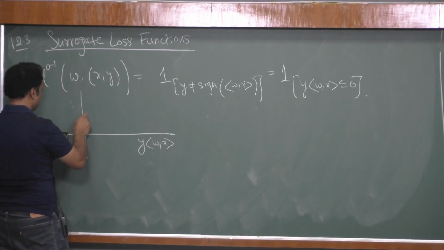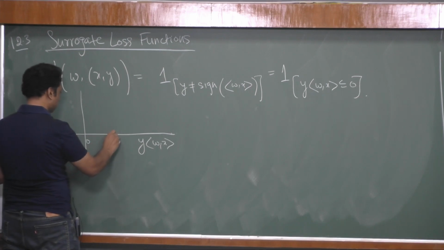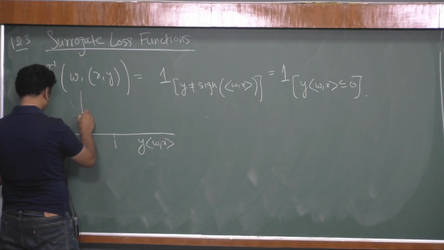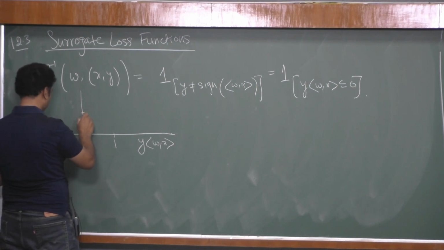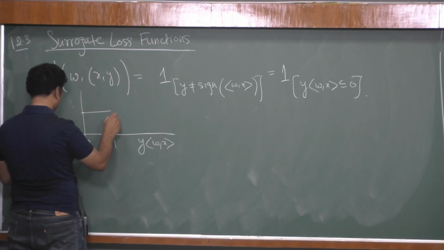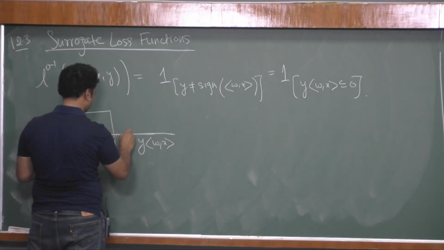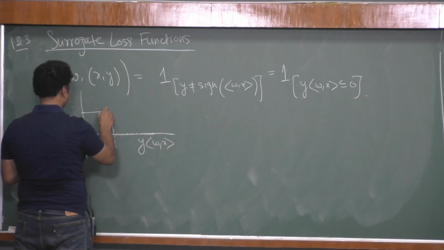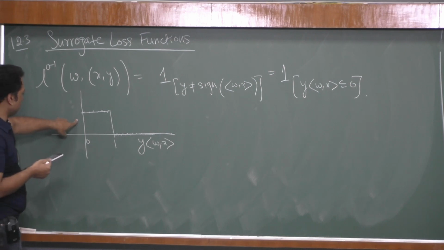So the 0-1 loss is like this. Let us say this is our 0, this is our 1, and this is our loss.